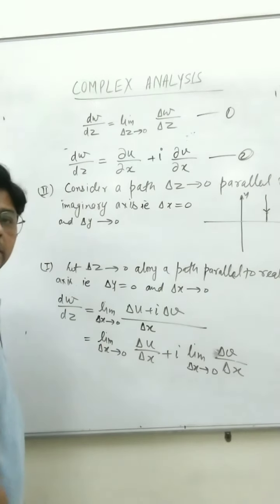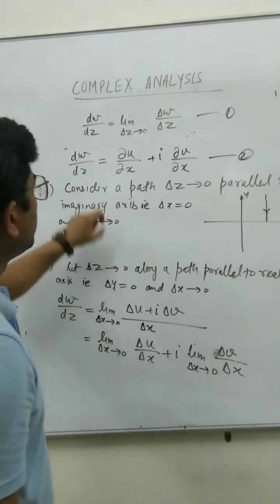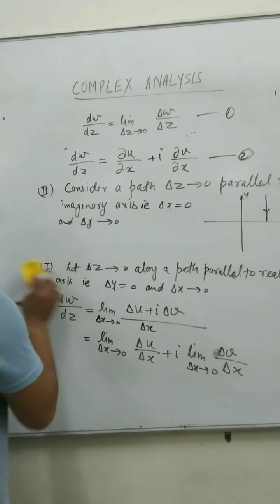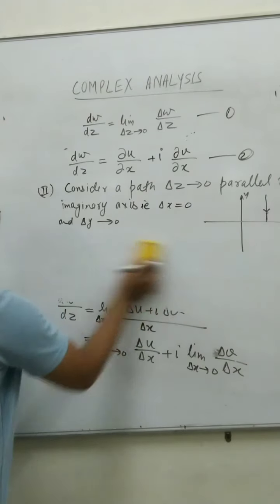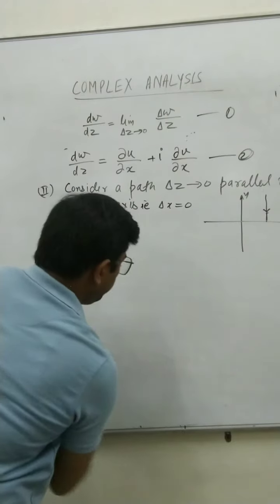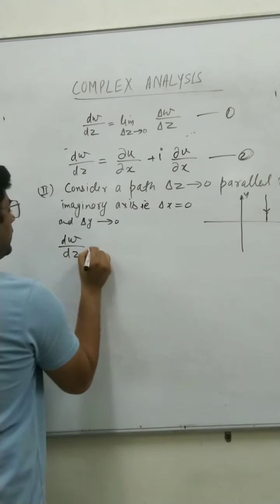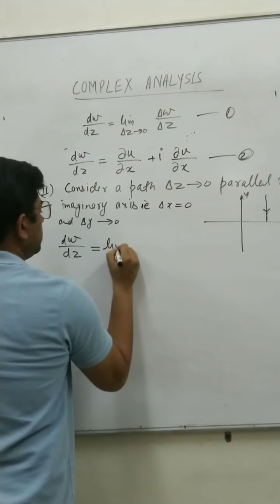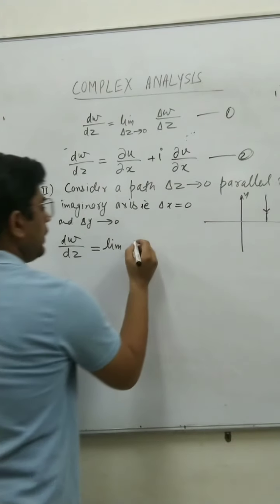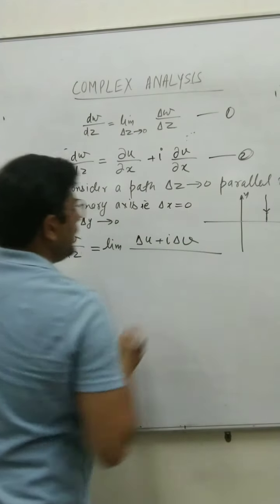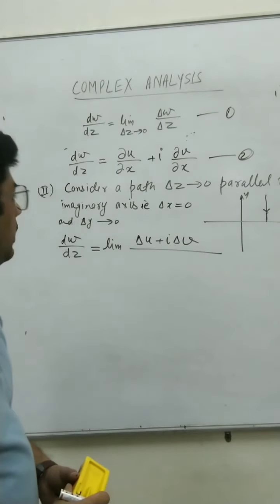Now we put all these values again in this term. So we have dw upon dz equal to the limit, where the numerator is delta u plus i delta v and the denominator is delta x plus i delta y.